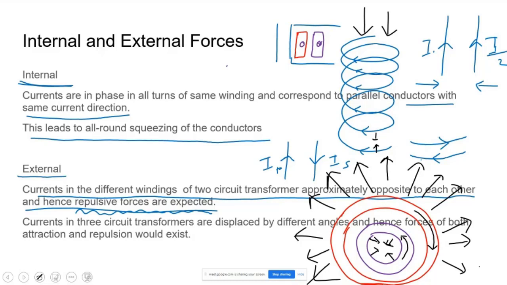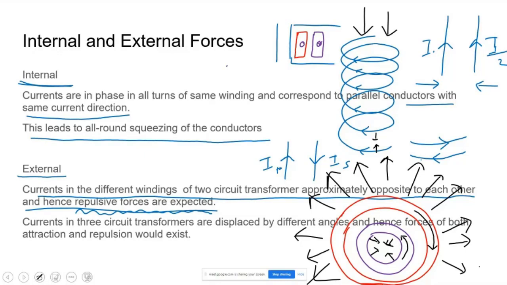when do they experience them? Any one of you? During short circuit. Yeah, during short circuit, heavy current flows. So the force is directly proportional to the multiplication of primary current and secondary current, so it is roughly I squared. The short circuit current is several times the normal operating current.